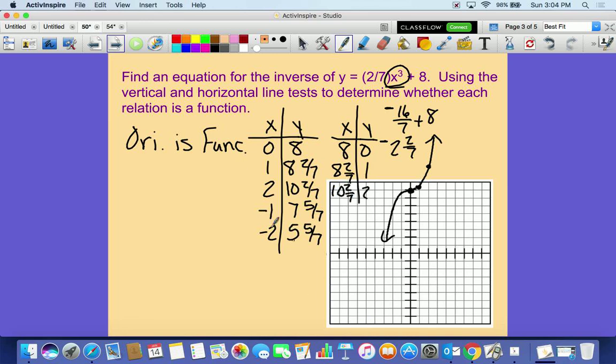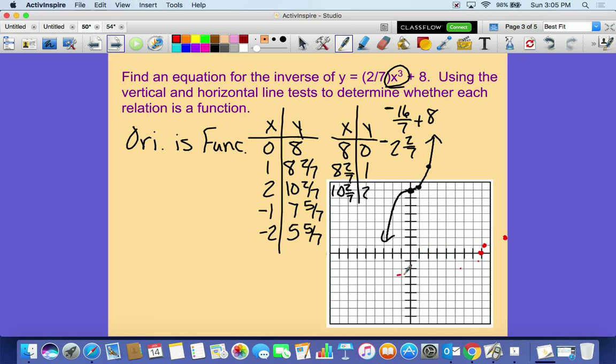So I'm going to graph these out quick. We're at the point 8, 0, 8 and 2/7, 1, 10 and 2/7, 2, so approximately there. And then we're at 7 and 5/7, -1, and 5 and 5/7, -2.